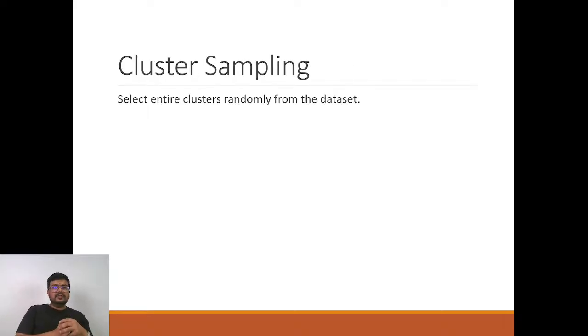After that, let's talk about cluster sampling. Cluster sampling, as the name suggests, creates various clusters. So, for example, I have these 100 students, and I'll divide them into 10 different random clusters, like 10 students in cluster 1, 10 in cluster 2, and likewise there will be 10 clusters in front of me.